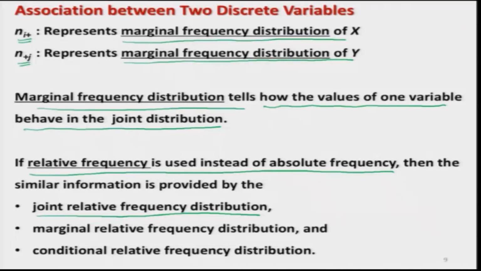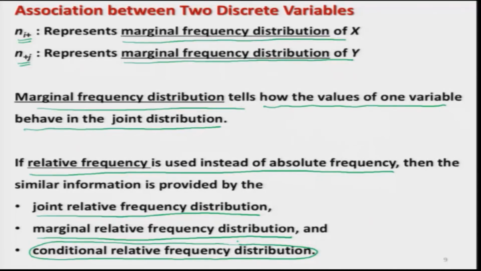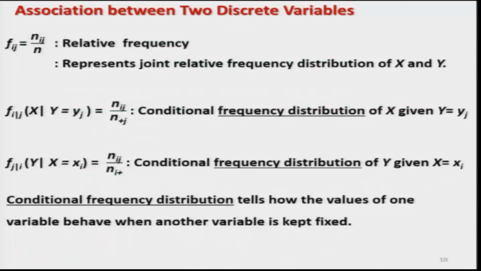And similar to marginal frequency distribution, now we will have marginal relative frequency distribution, and there will be one more concept which we call a conditional relative frequency distribution. So, what is this? Let us try to understand here.